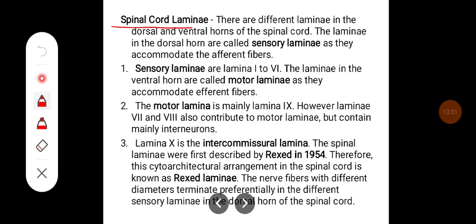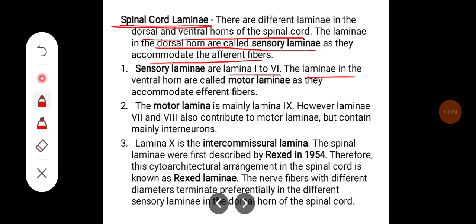Coming to the spinal cord lamellae. These are the different lamellae in the dorsal and ventral horns of the spinal cord. The laminae in the dorsal horn are called sensory laminae, as they accommodate the afferent fibers. Sensory laminae are lamina 1 to lamina 6.